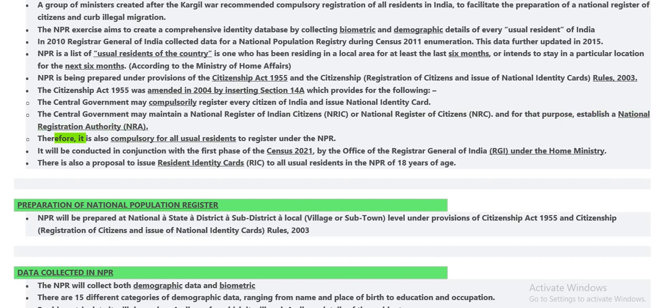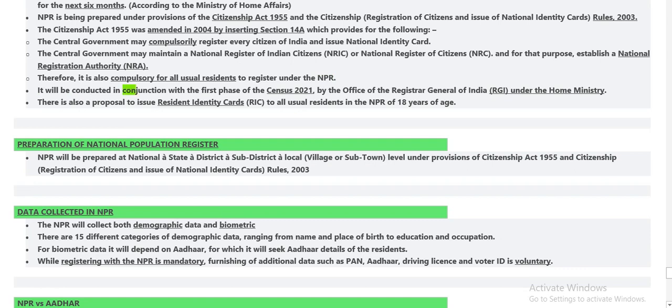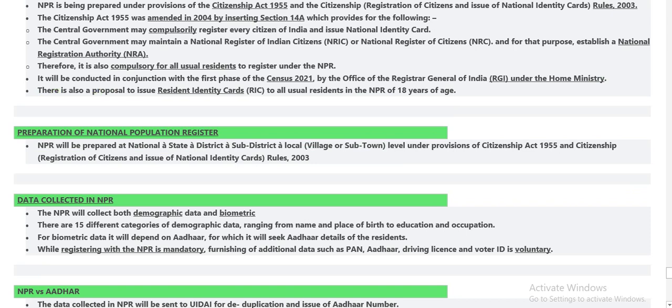The central government may maintain a National Register of Indian Citizens, NRIC, or National Register of Citizens, NRC. And for that purpose, establish a National Registration Authority, NRA. Therefore, it is also compulsory for all usual residents to register under the NPR.